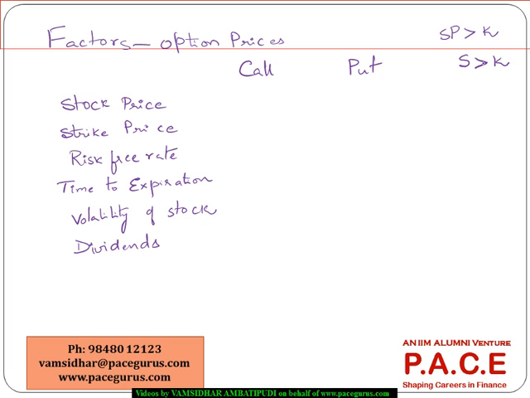If the stock price is going much higher than the strike price, the chances of exercising the call option are increasing, which means the value of the call option is going to increase.